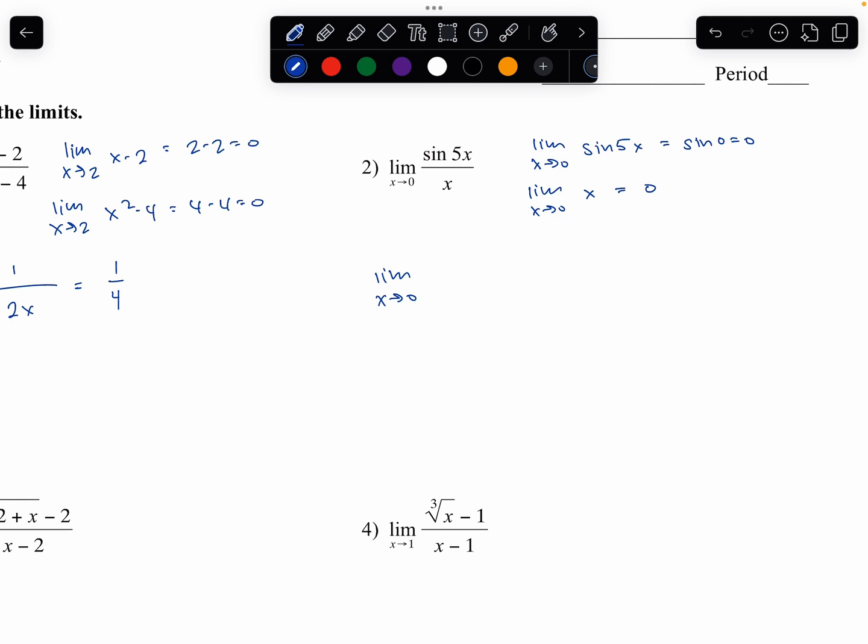So the derivative of the top will be 5 cosine of 5x over 1. And I can plug in 0, and I get 5 cosine of 0. Yep, and cosine of 0 is 1, so this is going to be equal to 5.